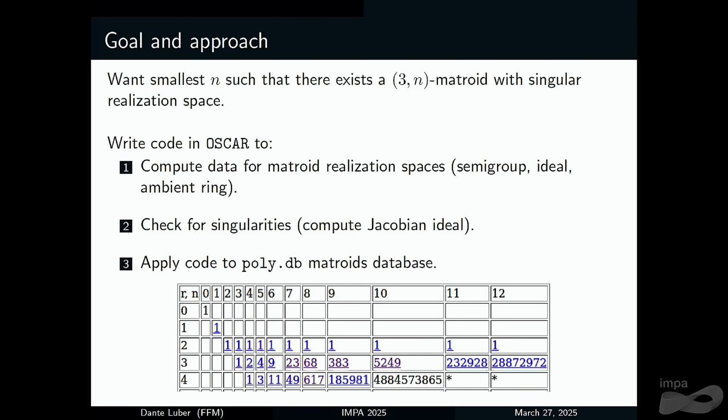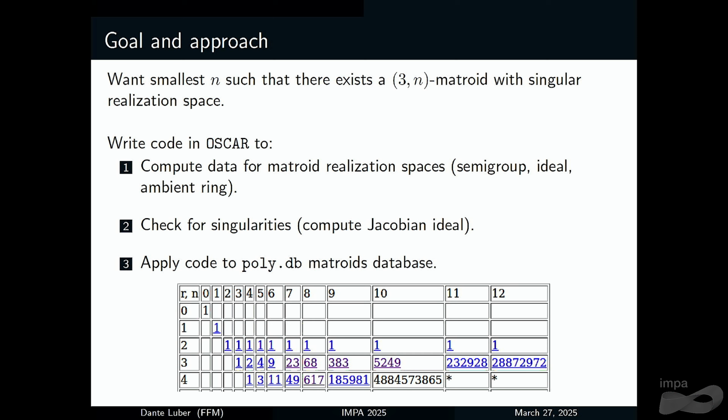And so to try to find reasonable examples that we can actually study of singular realization spaces, this is what we do. We just compute the data a whole bunch of times and check if the thing is singular. So, I mean, look, Oscar can compute that data easily, right?